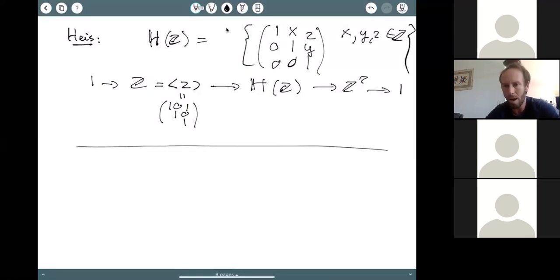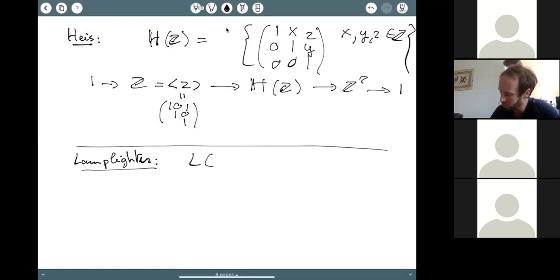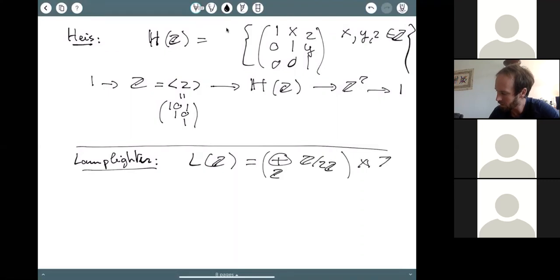I'm going to describe a last example, which is the lamplighter. Algebraically speaking, the lamplighter is the following group. It's the direct sum indexed by Z of copies of Z mod 2, semi-direct product with Z, where Z acts by shift.